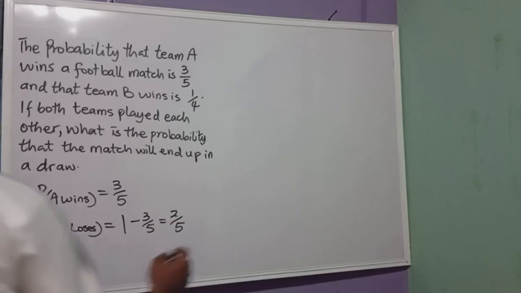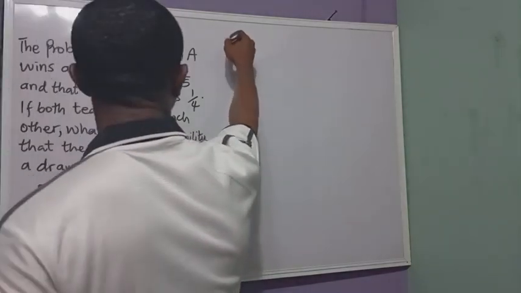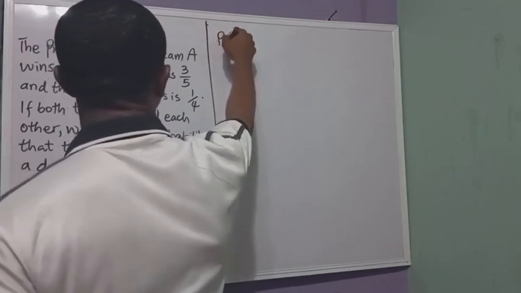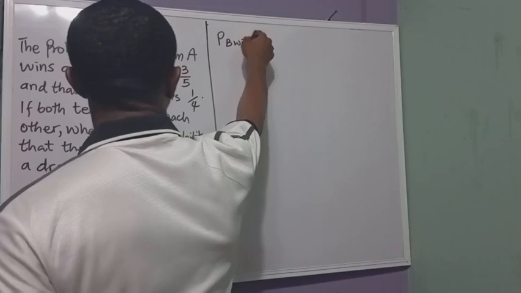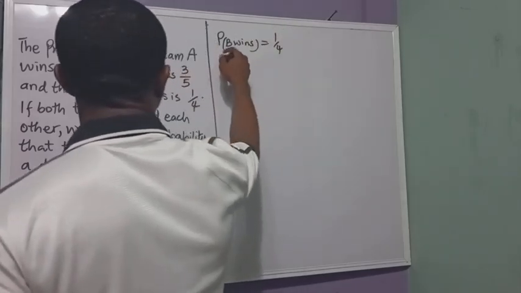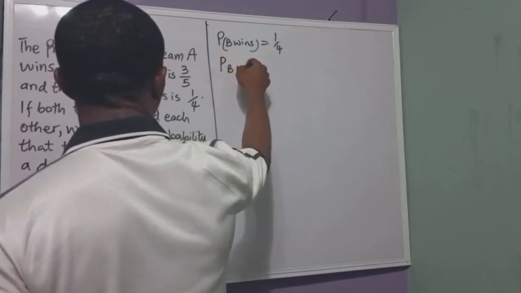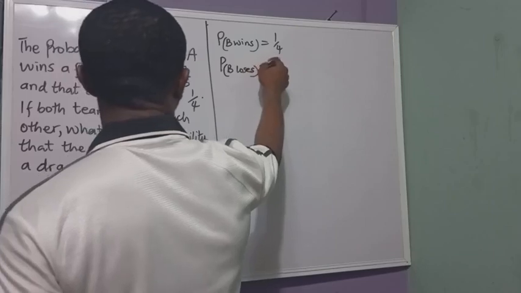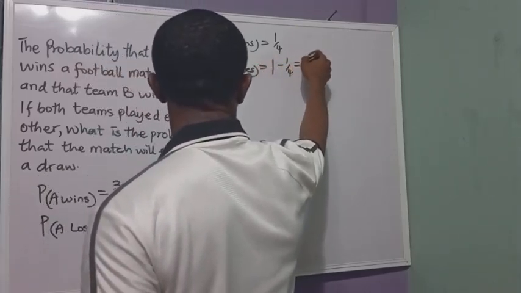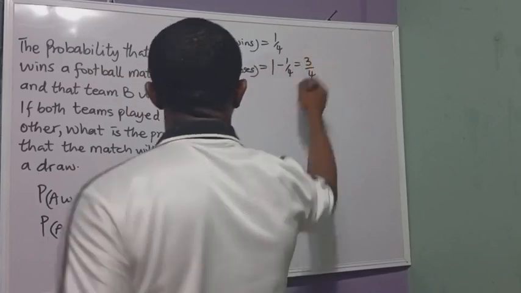Now the probability that B wins is 1/4. So the probability that B loses is 1 minus 1/4, which is 3/4.